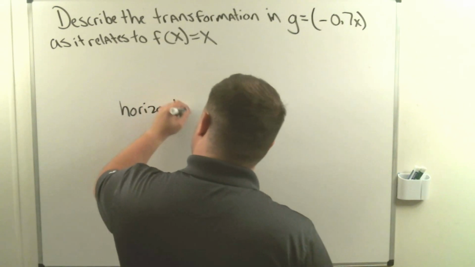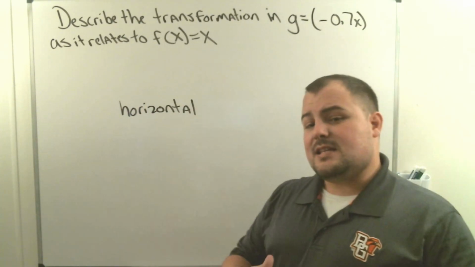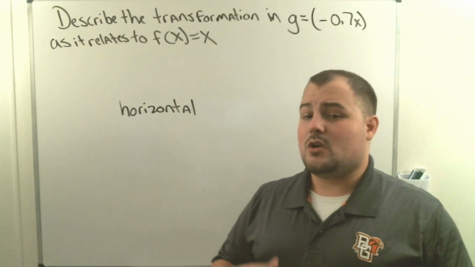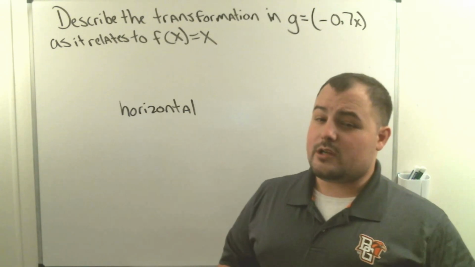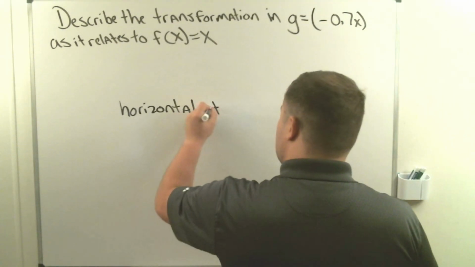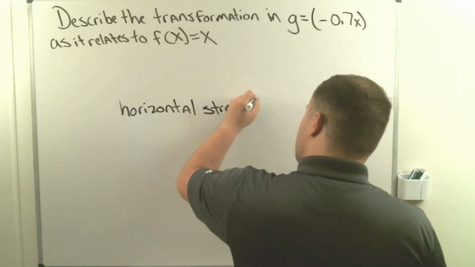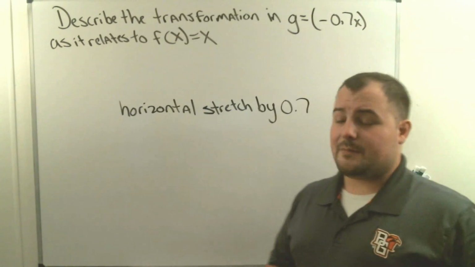Now, you might have to go back and look at your rules and figure out that if it's inside parentheses, which horizontal piece is it talking about? Is it a horizontal stretch or is it a horizontal compression? In this case, it's a horizontal stretch by 0.7. But now we need to think about this too.